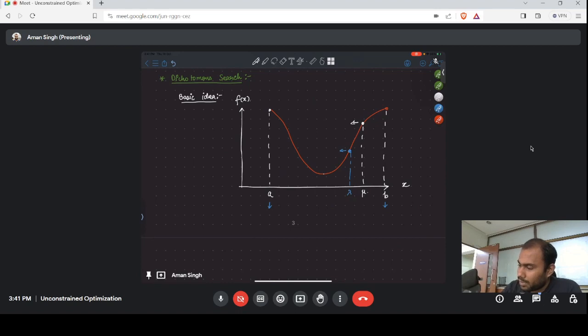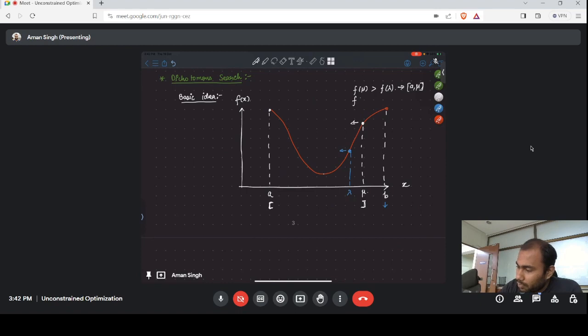If f(mu) is greater than f(lambda), then from a to b, I'll take the next interval to be a to mu, which ensures that a to mu also contains the minima, and now I have reduced the size of the interval.